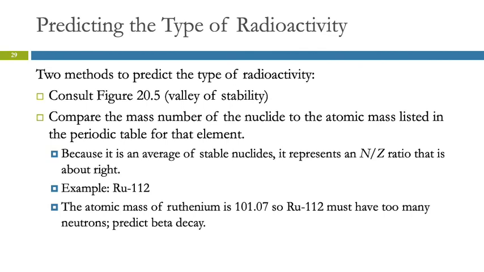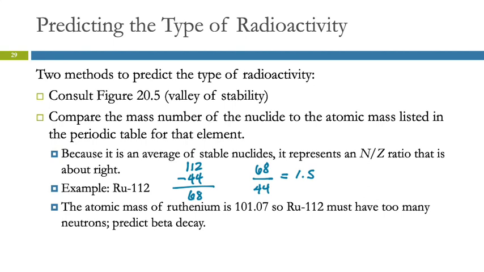Ruthenium-112, so 112 minus 44 is 68. So 68 neutrons to 44 protons is about 1.5. Right? So that's high.